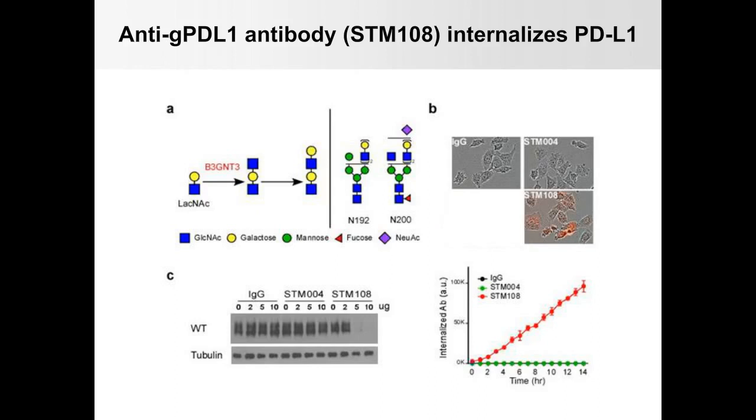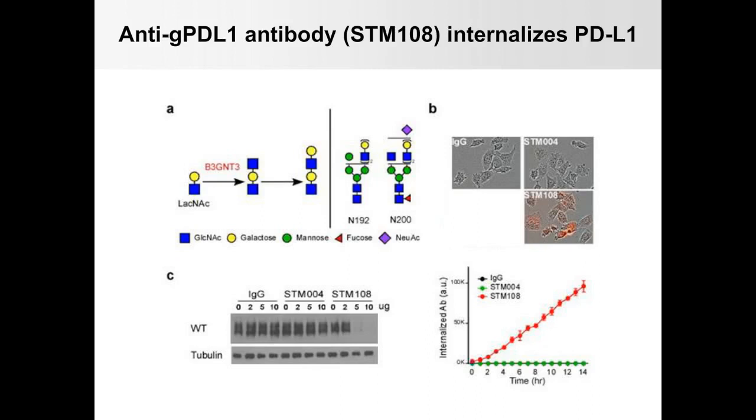So in this case, we can see that over a 12-hour period, when we add the STM108 antibody into the BT509 stable clone, we can see very nice red fluorescence induced, suggesting that the STM108 antibody can specifically internalize into the cancer cell.